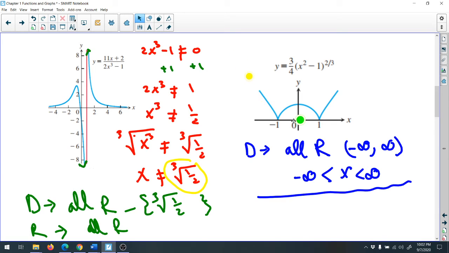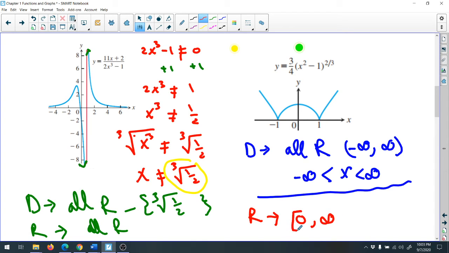When you go up, this point goes to infinity with it. So you could conclude that the range is from 0 to infinity. We include 0, of course, till infinity.